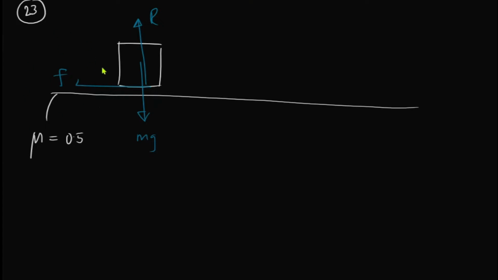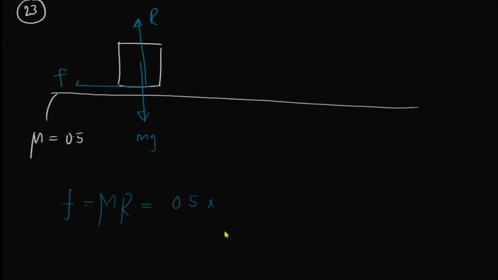So how do we find the frictional force? It is simply mu into R. Mu is 0.5, and R is equal to mg.